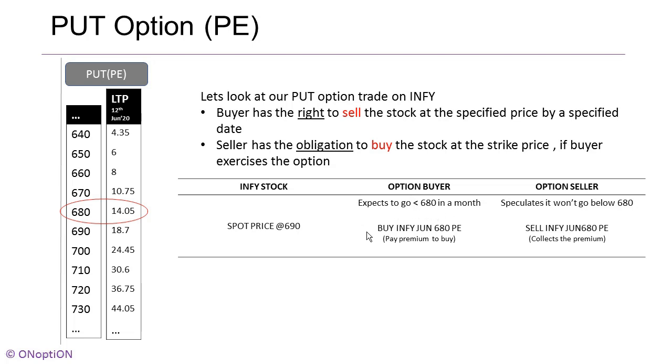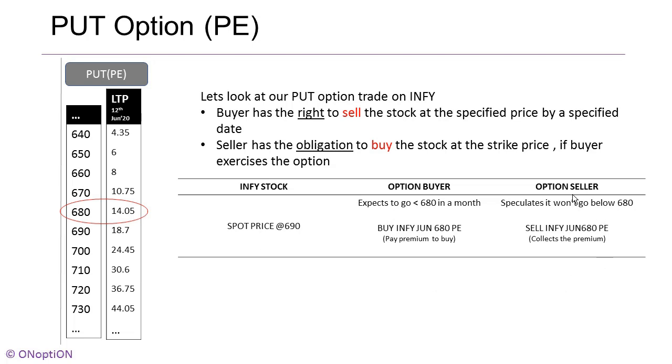So he goes and buys the INFY June 680 put option contract, paying this premium for one quantity. I hope you remember I mentioned that option contracts can be traded only as lots. He would be buying this option contract at this premium for 1200 quantity.